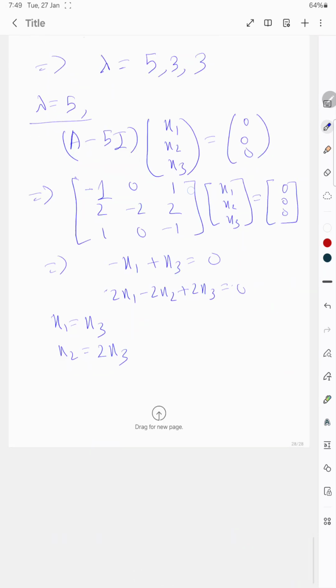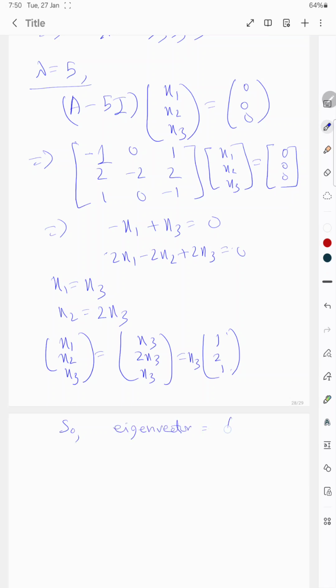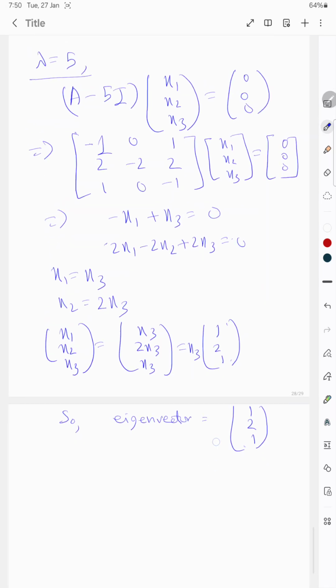So if you apply the previous thing, x1 x2 x3, you see I have not used the last relation because it is the same as your first one if you multiply with minus 1, okay? So x3, 2x3, x3, so from here, taking x3 common, 1 2 1. So the eigenvector is 1 2 1. Fine. So this we have found for lambda equal to 5.